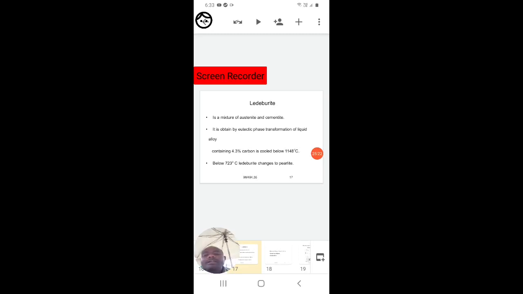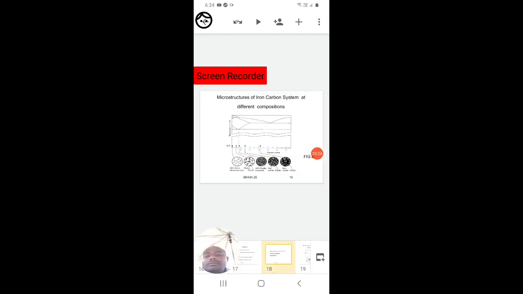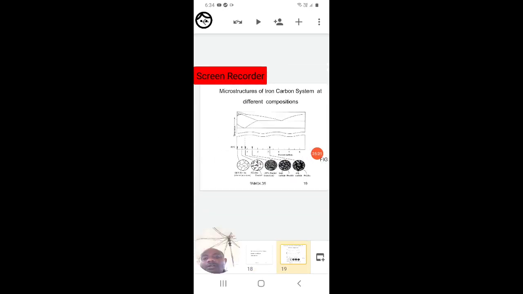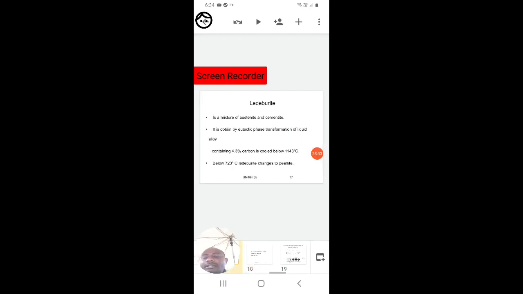In the iron carbon equilibrium diagram, the main constituents are first alpha iron, gamma iron and delta iron. After that, the main constituents are ferrite, pearlite, ledeburite and cementite.